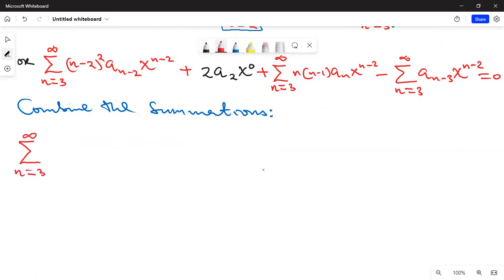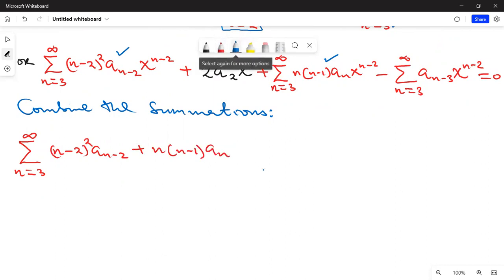Let's start with the first one. I have n minus 2 squared times a n minus 2. Then the other one, I'm through with this one. Let's go to this. So I'll have a plus n into n minus 1 an.